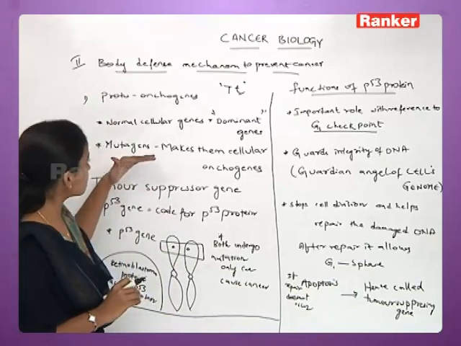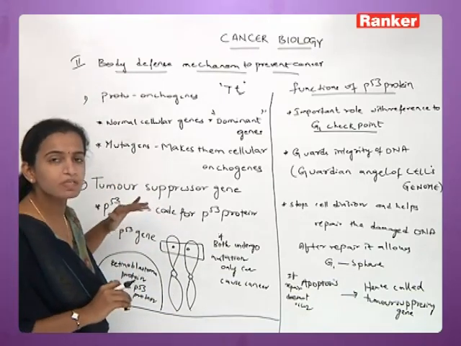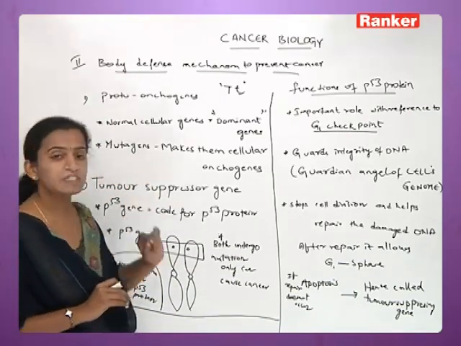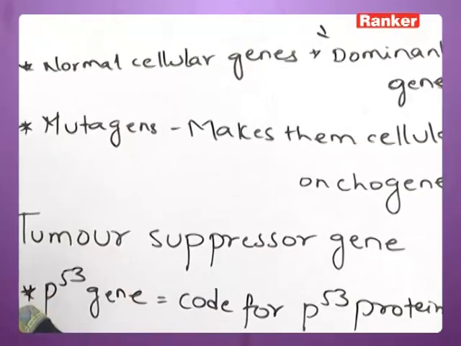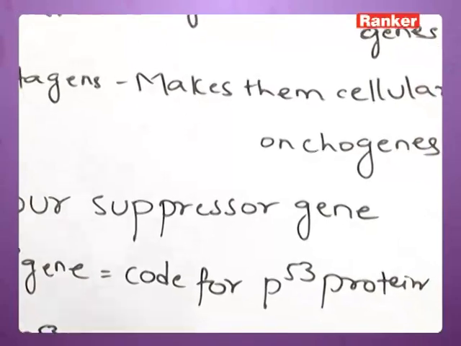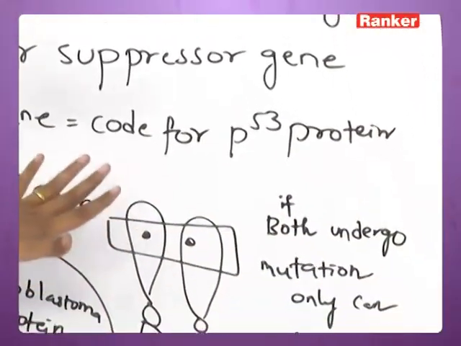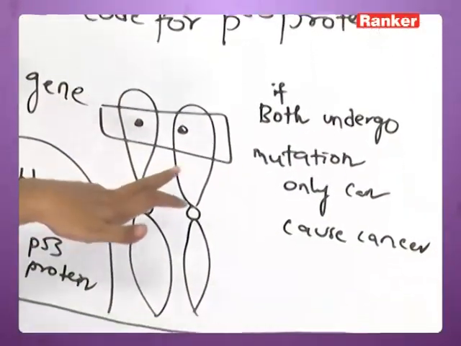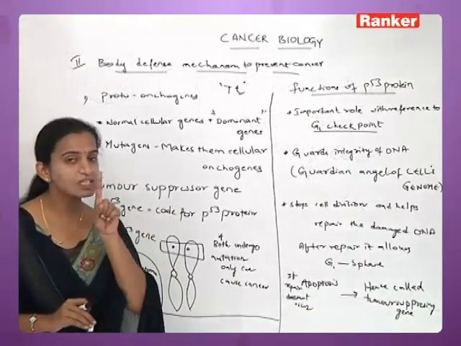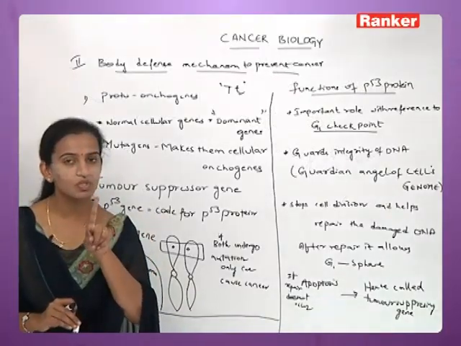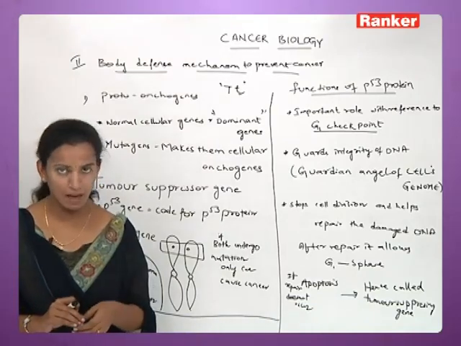See, the difference between proto-oncogenes and tumor suppressor genes is that in proto-oncogenes, even a single dominant gene is enough to give you expression. In the tumor suppressor gene p53, it is present on 2 chromosomes, so even if a single chromosome undergoes mutation, no problem is going to happen.